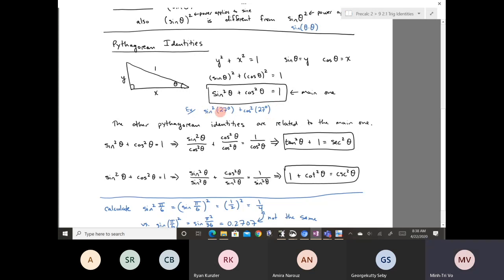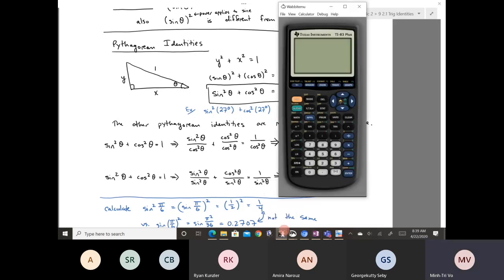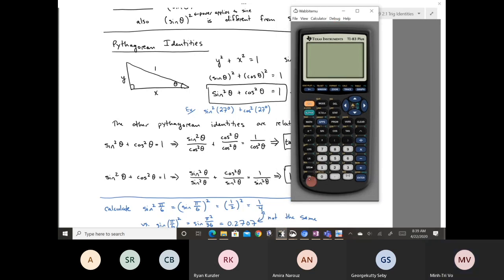Sine of 27 degrees is going to be 0.4 something maybe, and cosine of 27 degrees is going to be 0.7 something maybe. So it's some long decimal number, and if you square sine and square cosine and add them together, they'll always be equal to 1. We can check that.